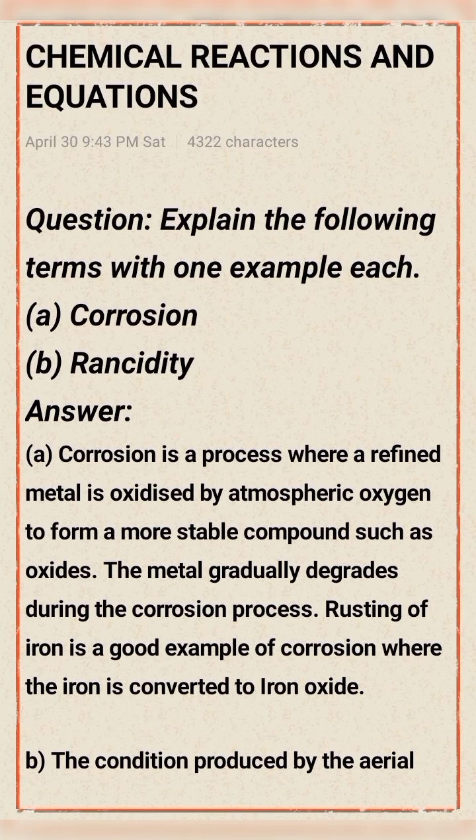The metal gradually degrades during the corrosion process. Rusting of iron is a good example of corrosion where the iron is converted to iron oxide.